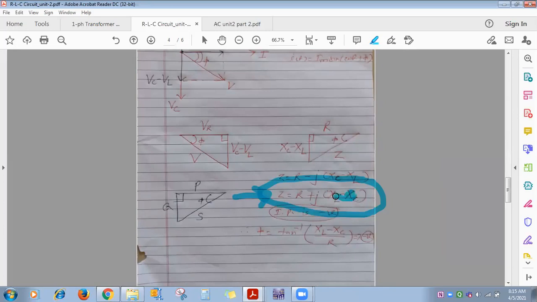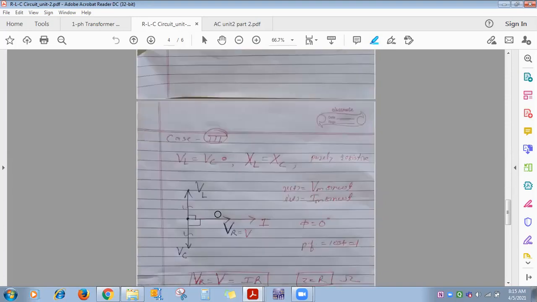XC is greater than XL. Then phi will also be negative, meaning it's more capacitive, and current leads the voltage in that case. If you find tan inverse of imaginary part upon real part, as XC is greater here, phi will be negative.